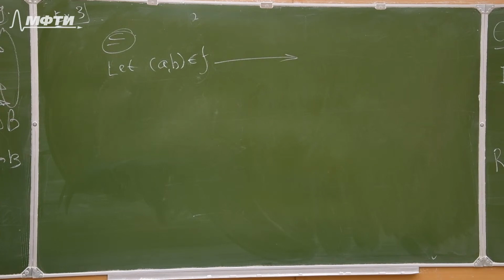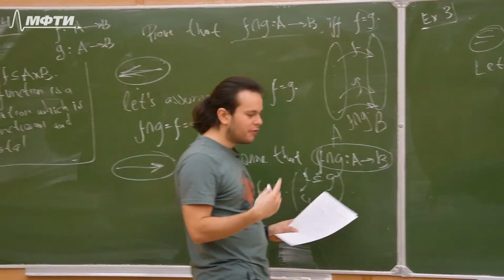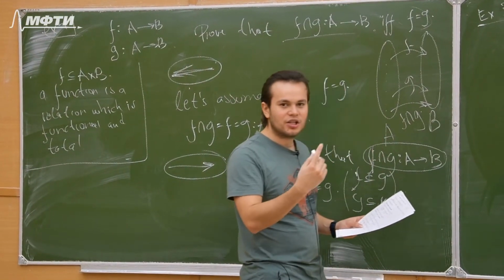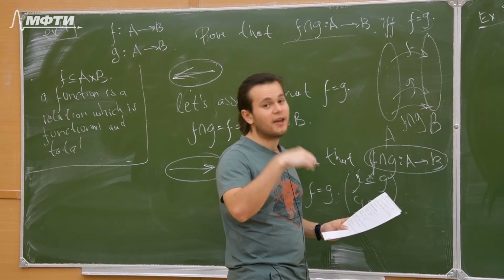What do we know? We are assuming that the intersection of f and g is a function from A to B. It means that the intersection of f and g is total and functional.